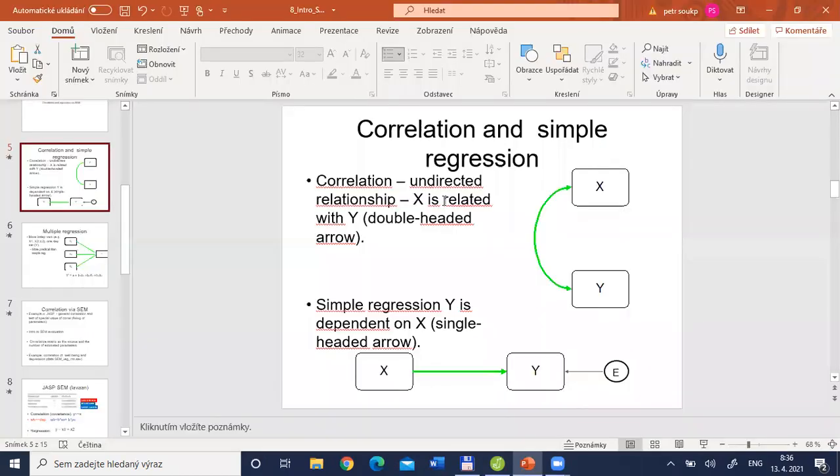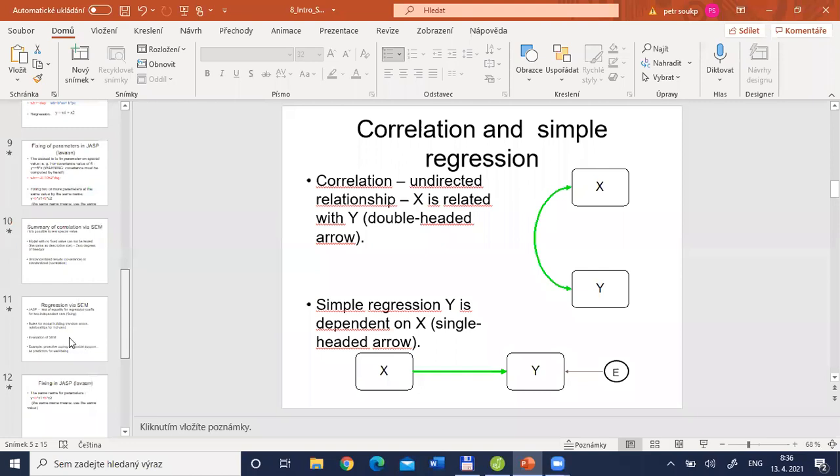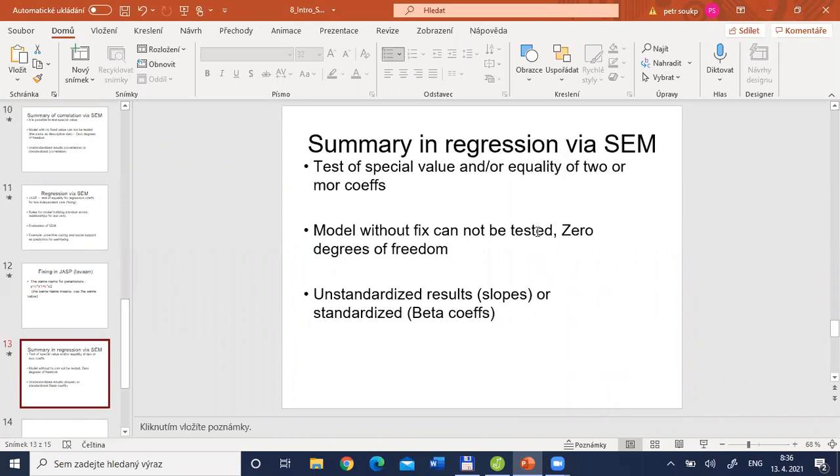So I would go back once again to our presentation. Here we are, slide number 13, and we are summarizing the description of regression through a structural equation model. If I would like to evaluate a regression model in a structural equation model, there is only one option.